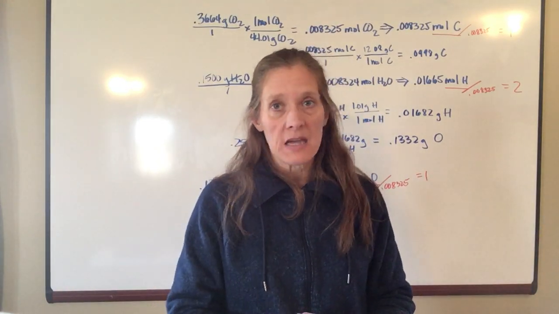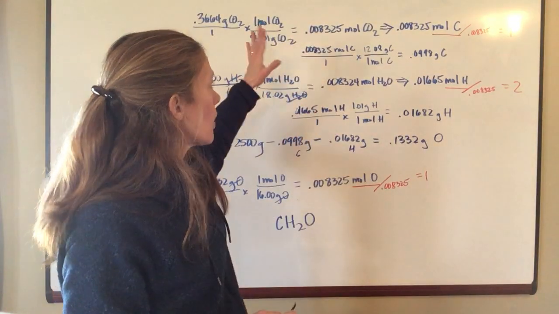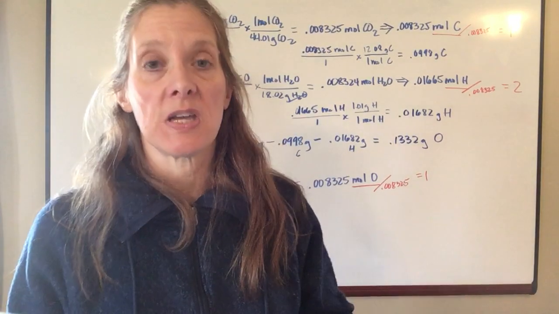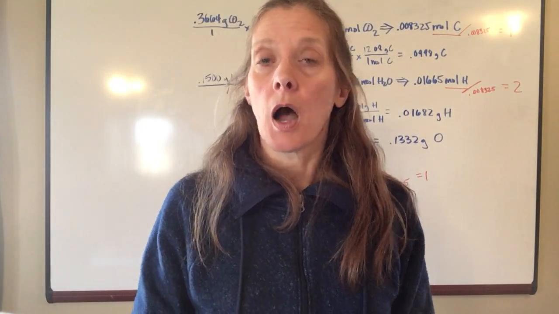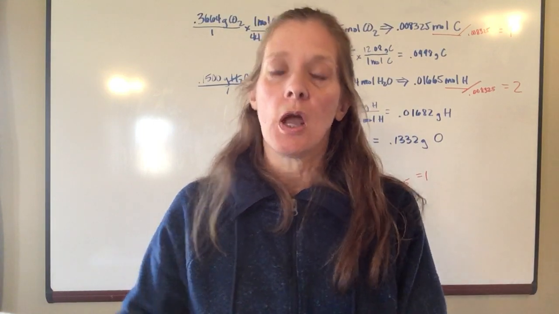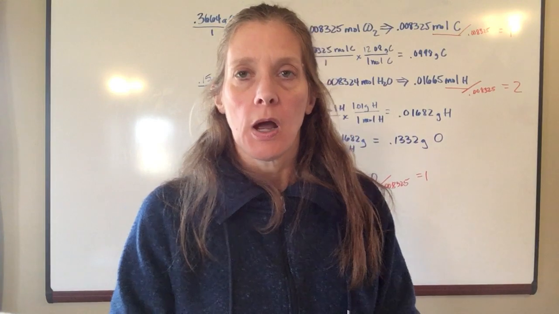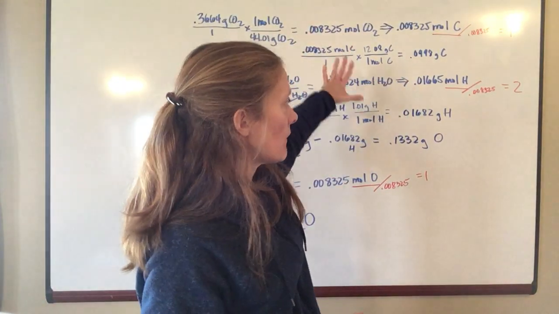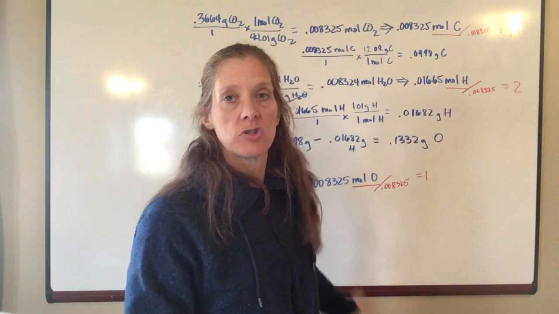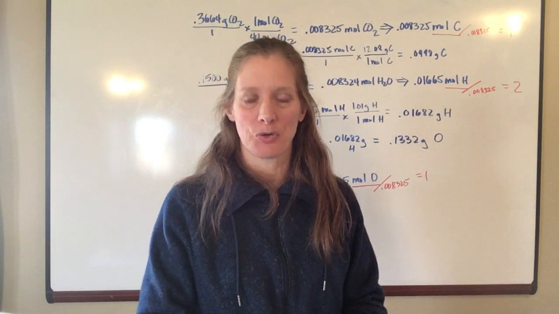So you cannot make the assumption that all of that oxygen that's in the carbon dioxide and in the water came from the initial carbon-containing compound that you were burning, because when you have combustion, you've got to add in extra oxygen for the burning to happen. So more than likely, the amount of oxygen that you've got here is not going to match the amount of oxygen that was in the compound, so that's why you can't do it that way if that question happened to come into your mind, okay?